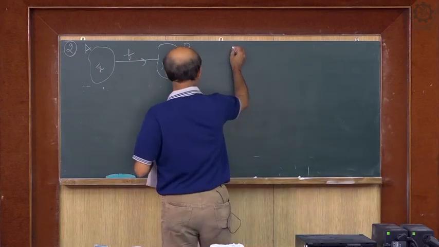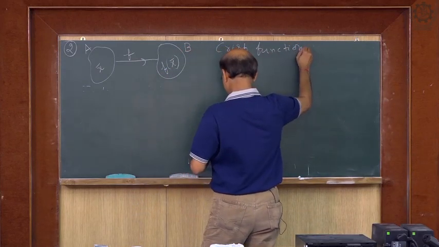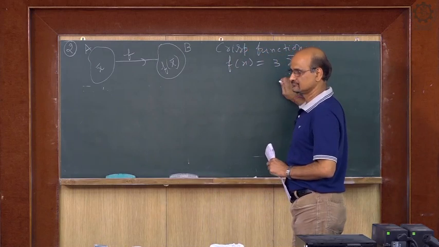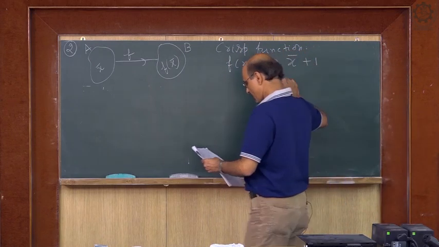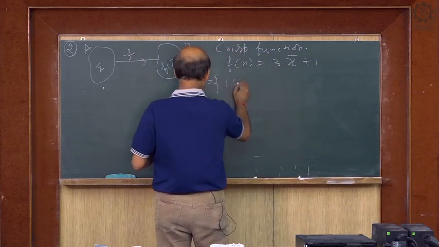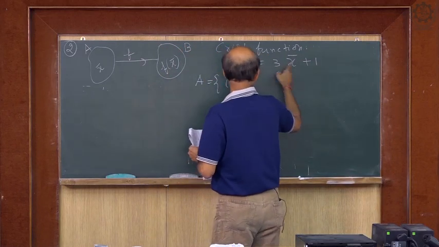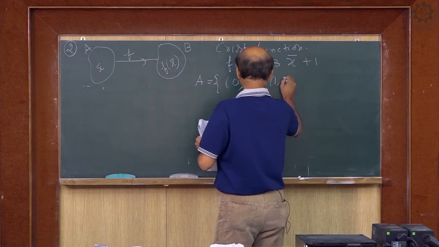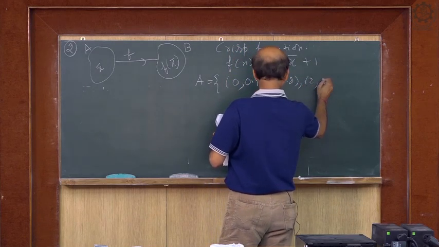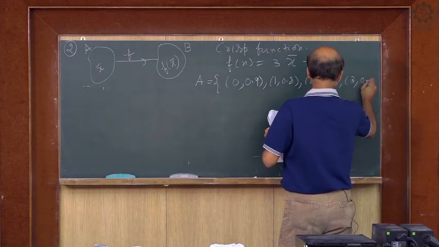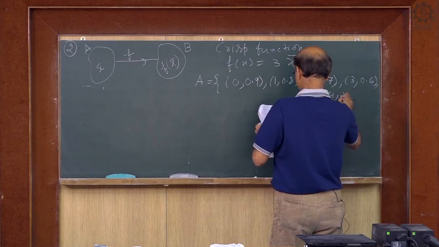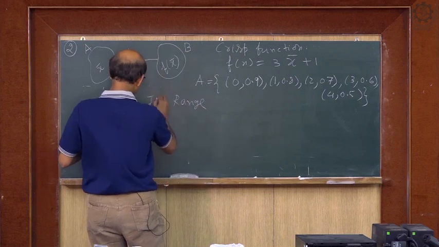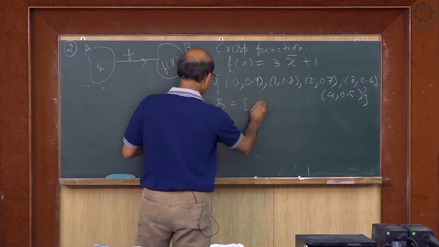Suppose I have a crisp function f of x equal to 3x bar plus 1, where in its domain A I have different x bar: 0 with 0.9, 1 with 0.8, 2 with 0.7, 3 with 0.6, 4 with 0.5, and its range B is 0 to 20.